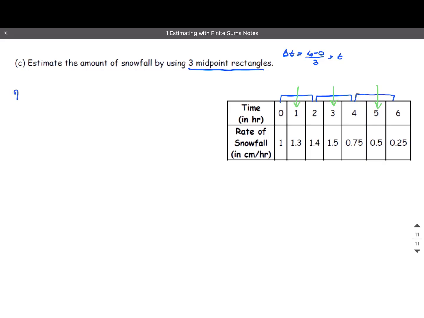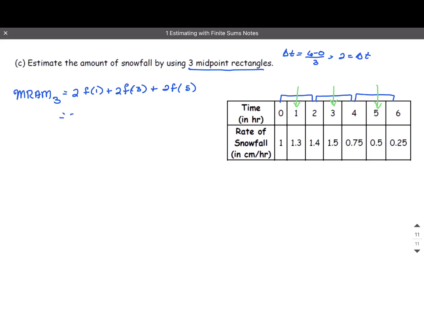Okay, so our MRAM sub 3 is going to be our delta t. Our delta t is 2 times f of, in the middle of 0 and 2 is 1, plus then our delta t is 2 from 2 to 4, and 3 is the midpoint, so we do f of 3. Plus from 4 to 6, the base is 2, and the midpoint of 4 and 6 is 5.